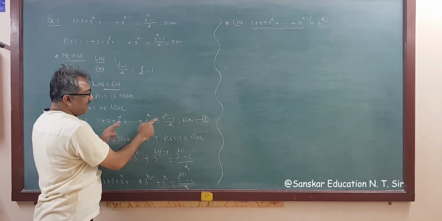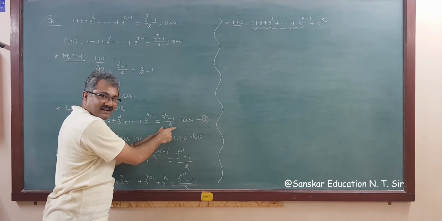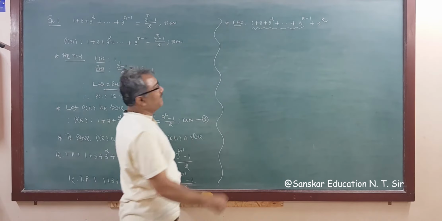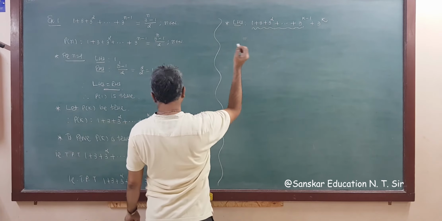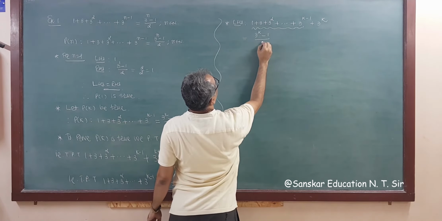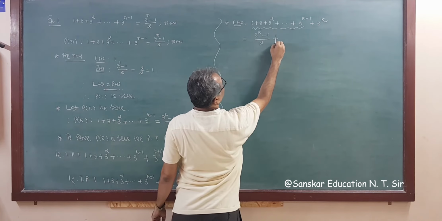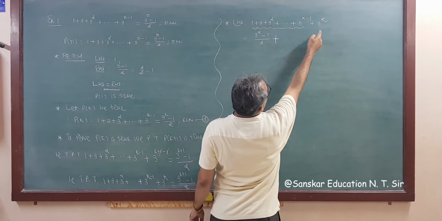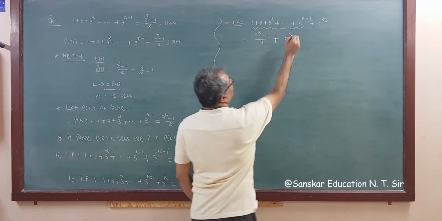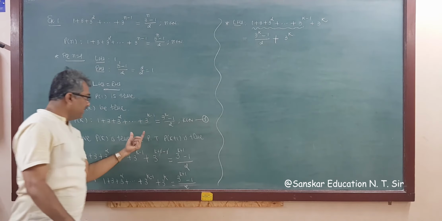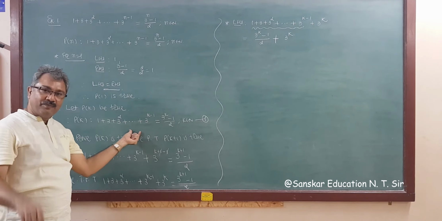This is the answer of this. So what is the answer of this? 3 raised to k minus 1 by 2 using result number 1. So 3 raised to k minus 1 by 2 and plus, this is 3 raised to k.